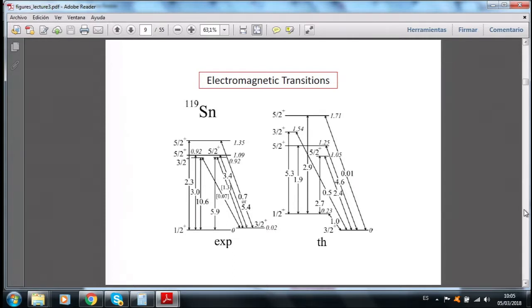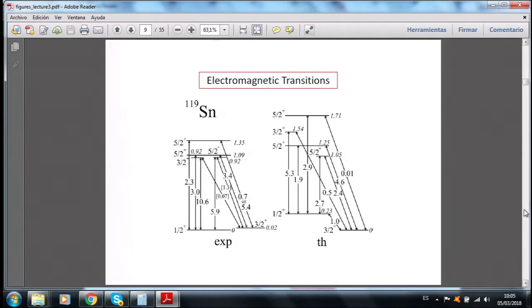In principle, in the 119 nucleus, all these are of a configuration in which a neutron is moving in an excited state and then going to the more bound single particle, quasi-particle states, as the one you find here.